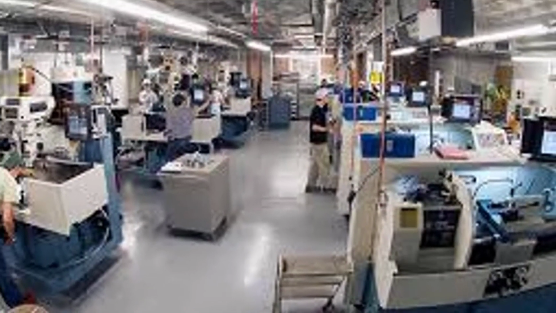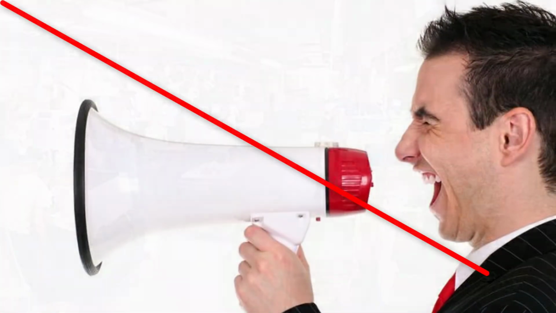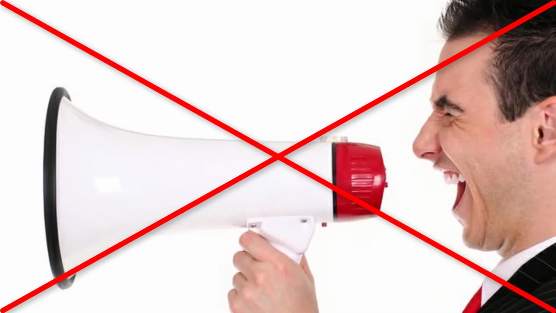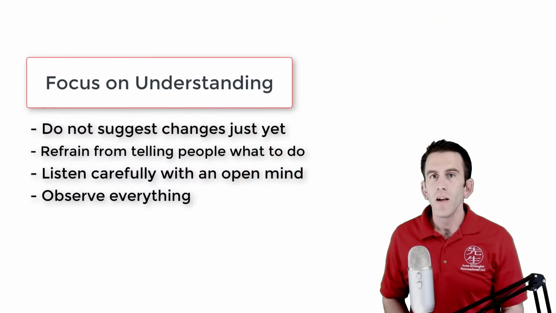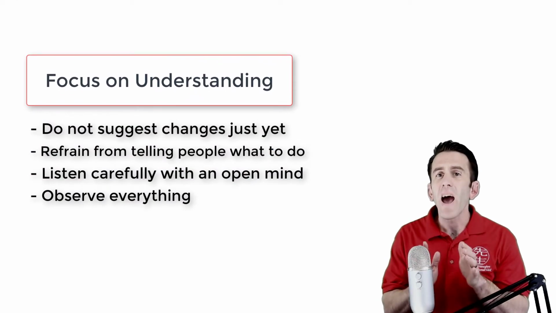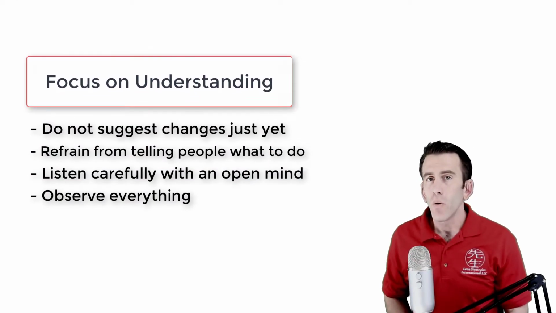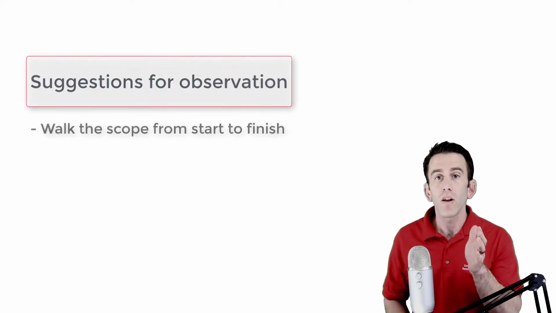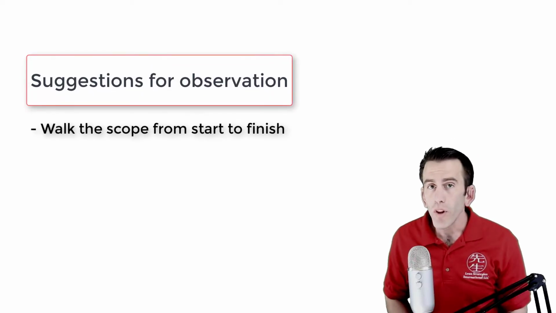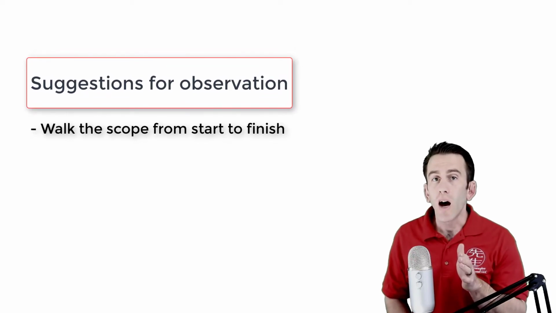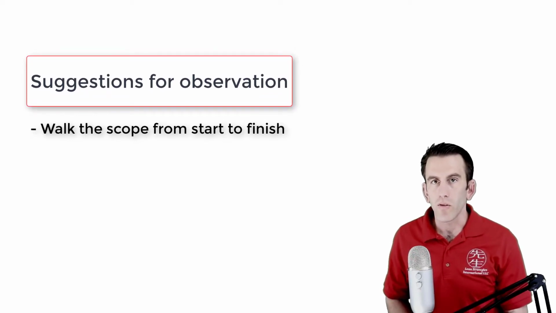It does not mean going to the Gemba and telling others what is being done and that it is wrong. In fact, it is the exact opposite of that. We suggest walking the scope of the value stream from start to finish and only observing. Do not engage anyone just yet.